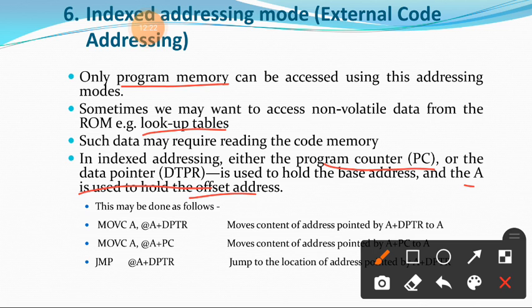For example, MOVC A, @A+DPTR. Here MOVC indicates it is code memory. So here it moves the content of the address pointed by A plus DPTR. This is the destination location.